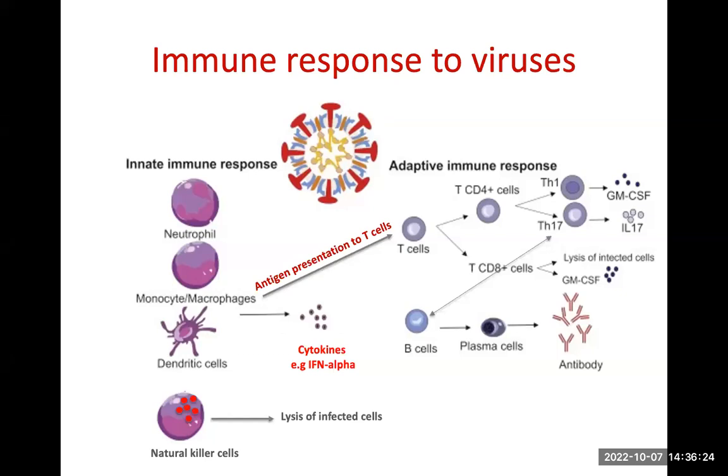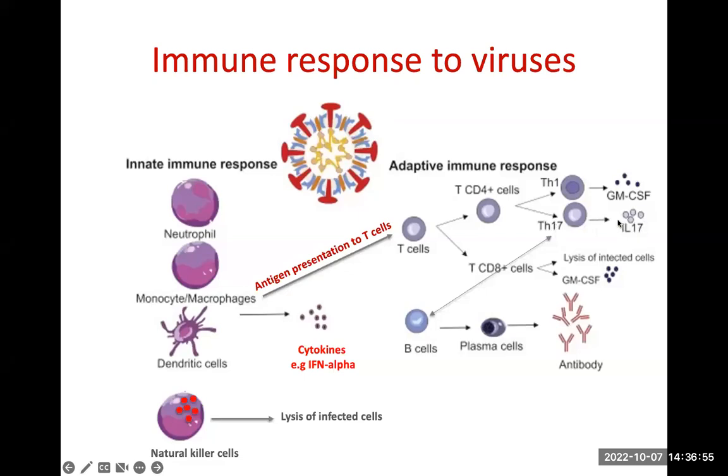So the TH1 responses will produce things like interferon gamma, which is one of the cytokines that helps to activate some immune responses. And most viral infections are controlled by TH1 responses. And then you have others like TH17 responses, which will produce cytokines like IL-17, as the name suggests.